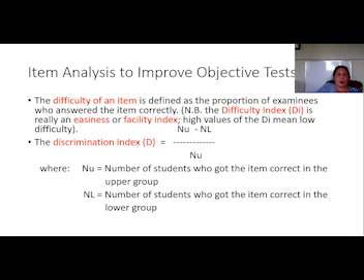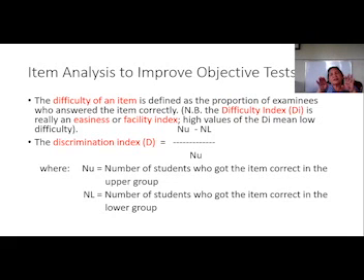Okay? So, for discrimination index, this is a bit more complicated, no, than the difficulty index. The NU here, as you can see in the formula, means the number of students who got the item correct in the upper group. The NL is the number of students who got the item correct in the lower group.